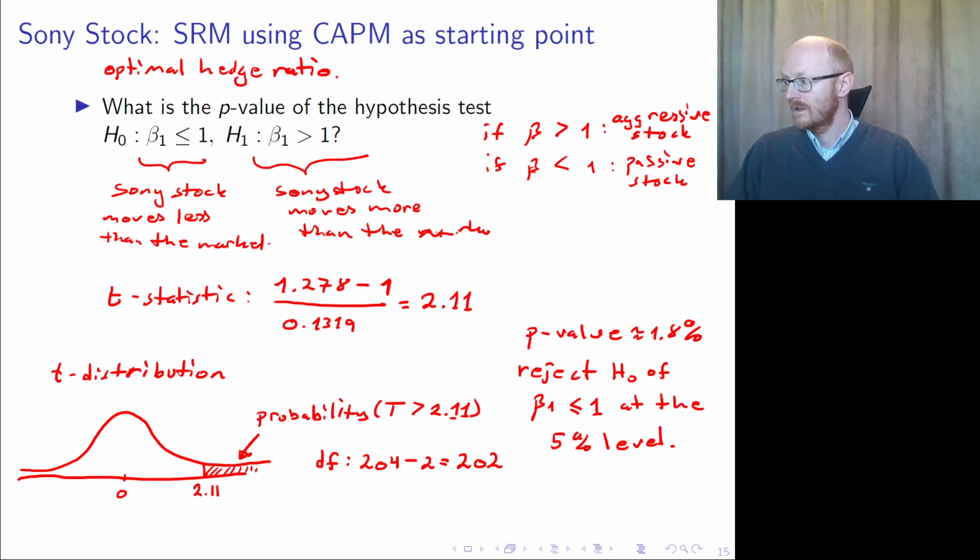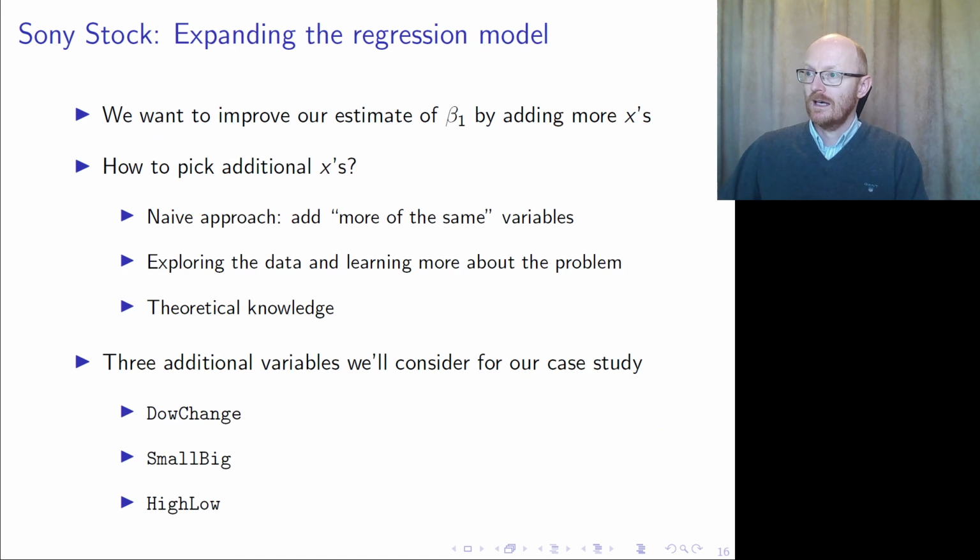Okay, which means that we jump to the alternative hypothesis that the slope is indeed greater than 1. And for our next video, we're going to talk about expanding the regression model.